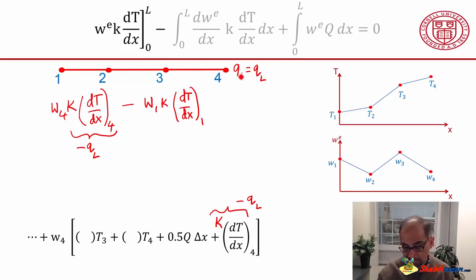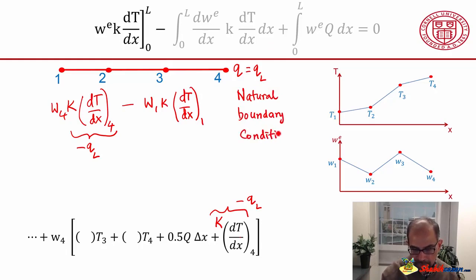And for that reason, this kind of boundary condition is called a natural boundary condition. And natural boundary conditions involve the gradients of whatever variable one is calculating.